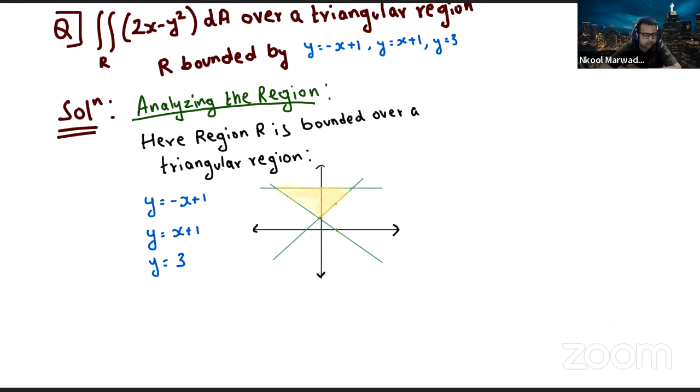Now we have to find the points of intersection. Let me write the equations for quick reference. This is y is equal to 2. This is y is equal to x plus 1. This is y is equal to minus x plus 1.